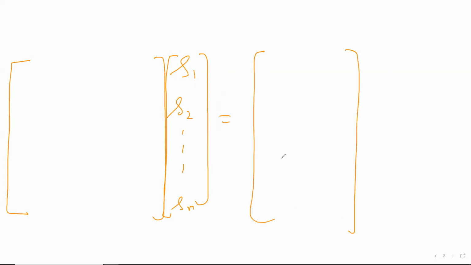So the first column will again give you a column, and this will be a linear combination of the Si's, correct?